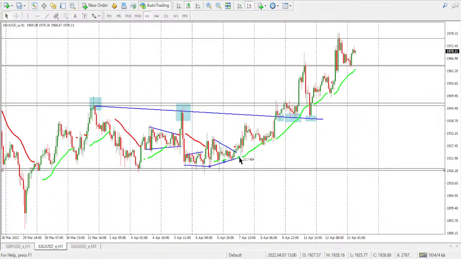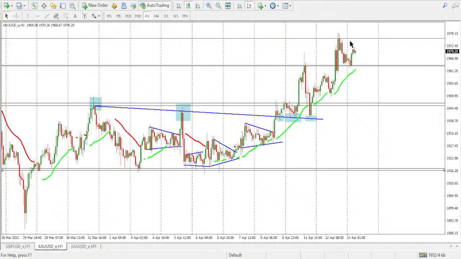Then we had another one. So we had that, we had that. We also had this one. Like that. Those are some of the few shapes which I'm seeing on this chart. I know there are several others in the past, but the ones which I've just drawn now are the best ones.